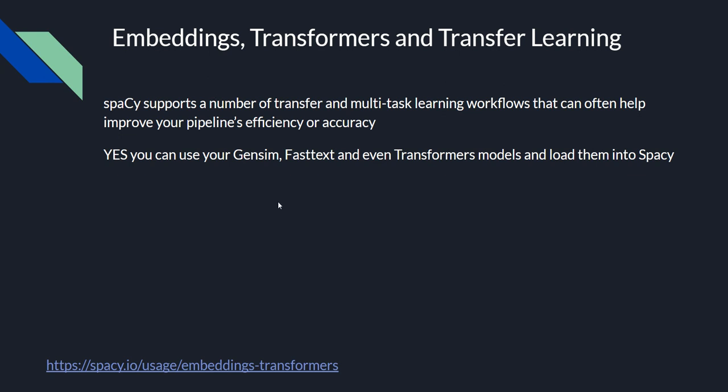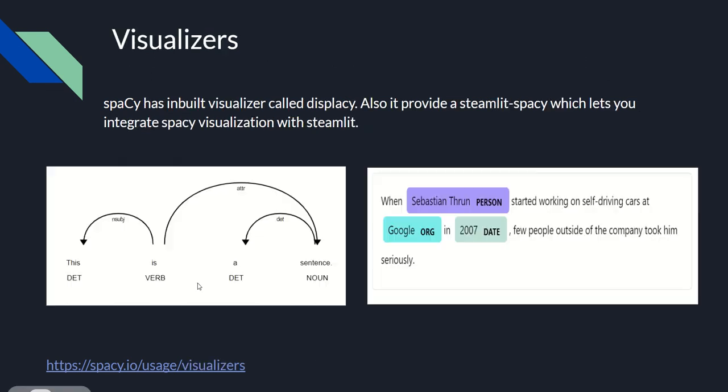You can use Gensim, which is a popular library in itself, fastText, or even transformer models, and load them into SpaCy and use SpaCy's functionality on top of them. If you are interested, you can log into this website, and this web page will take you there.